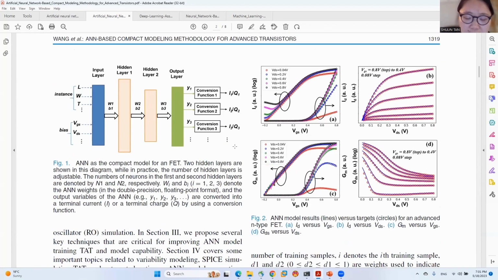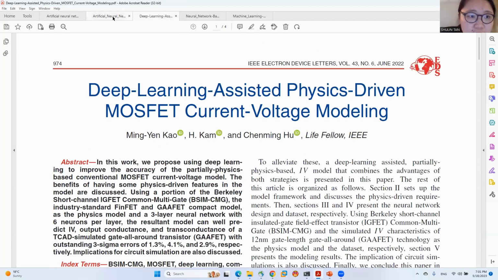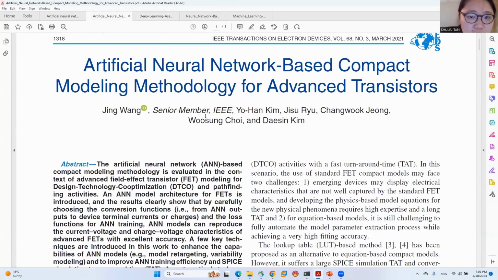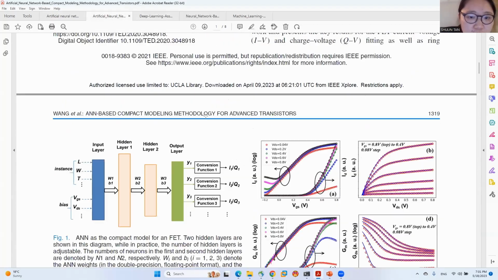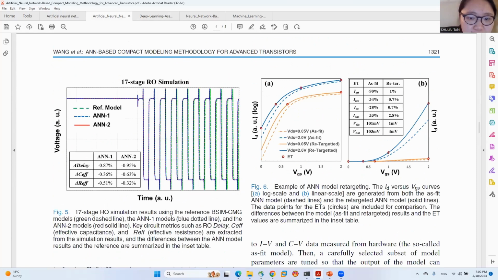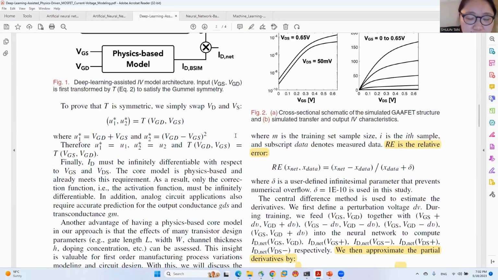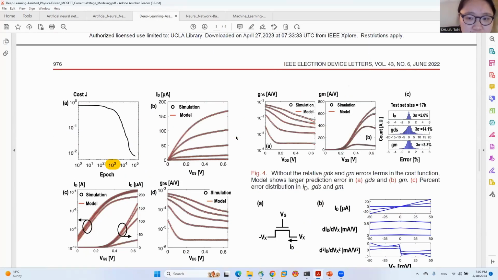Is it this one? Wait, this is... oh yeah, it's using something that some later people discuss, but they are the same.